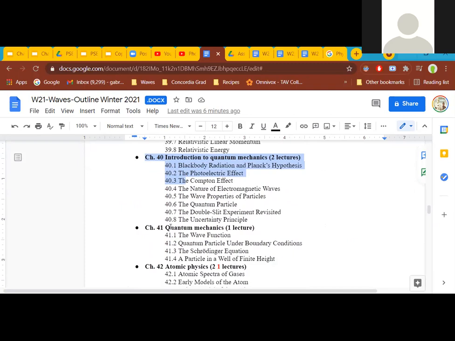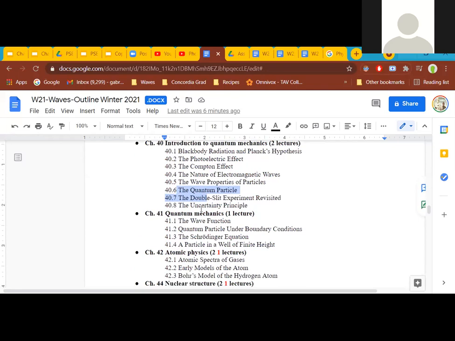But what I'm really looking for in terms of chapter 40 is if you're able to work out the math to do stuff like the Compton scattering and the photoelectric effect. Some of the later stuff, like double slit experiment, isn't really something you see a question on. It's more theoretical stuff. So don't worry about that.